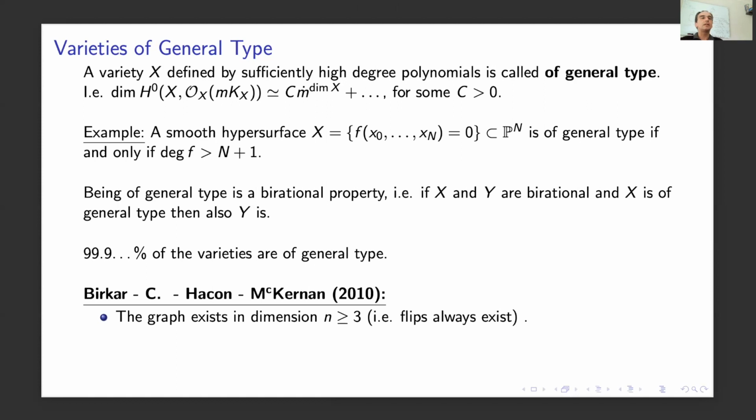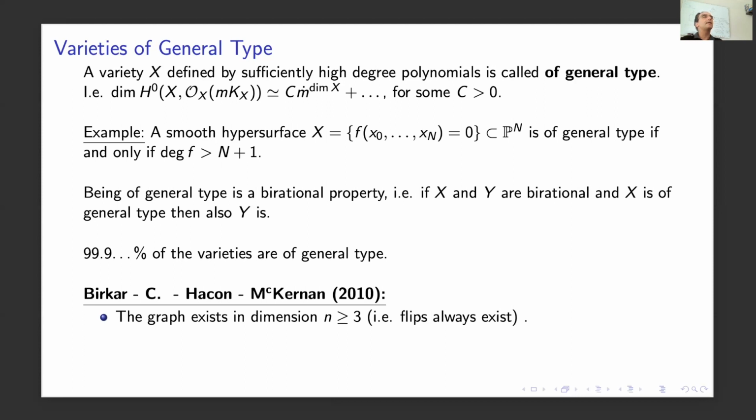Okay, so something we proved several years ago is that it doesn't matter if you consider varieties of general type or not. After the work of Mori and many others, a few years ago, we were able to show that flips always exist. So these kinds of surgeries we were talking about before always exist. So in other words, there is a way to make this graph precise in every dimension, to give a formal definition in any dimension.